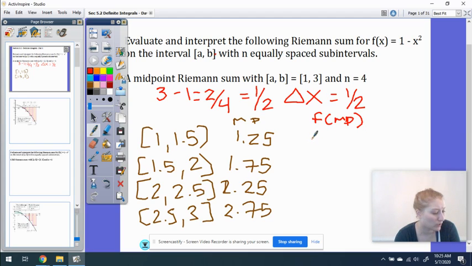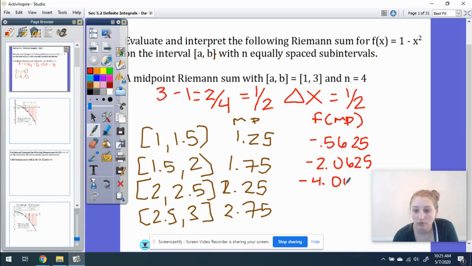If I plug in 1 minus 1.25 squared, I'm going to get negative 0.5625, and negative 2.0625, and negative 4.0625, and negative 6.5625. Okay, so I'm going to go ahead and add all of those together.